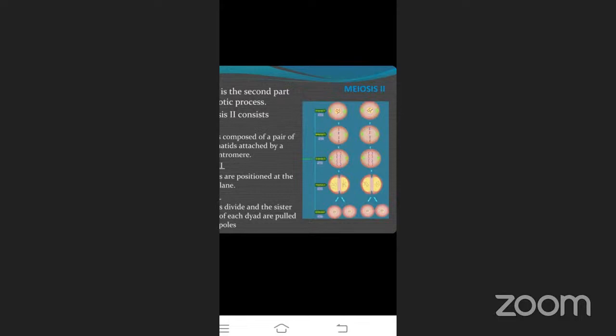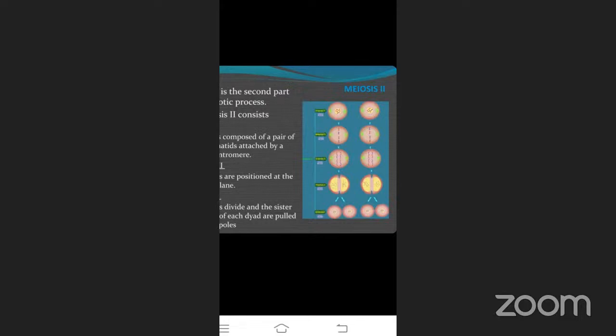Another one is the metaphase. Each chromosome arranges itself at the equator of the cell. Chromosomes lie in such a way that their centromeres remain along the equator and the arms extend outward. The centromere divides and the two chromatids of each chromosome separate.